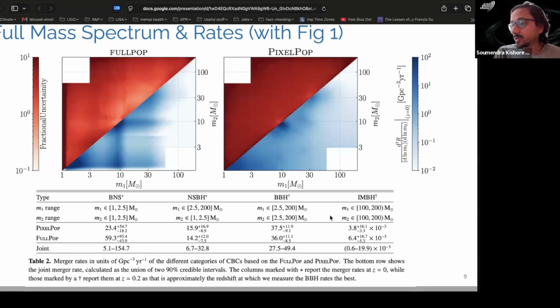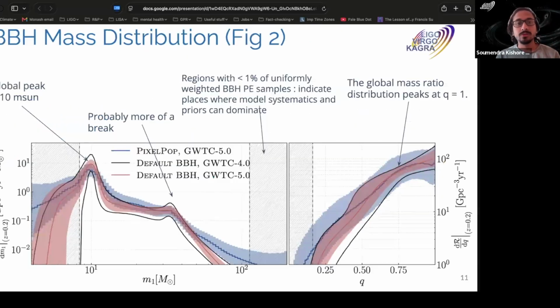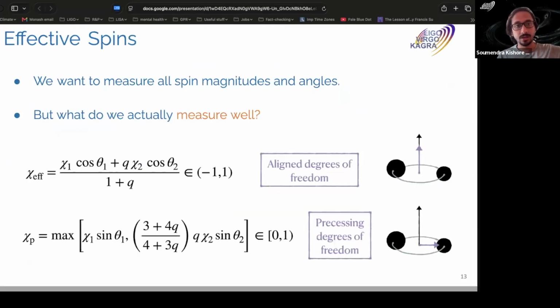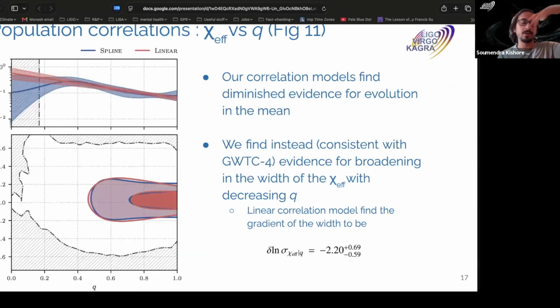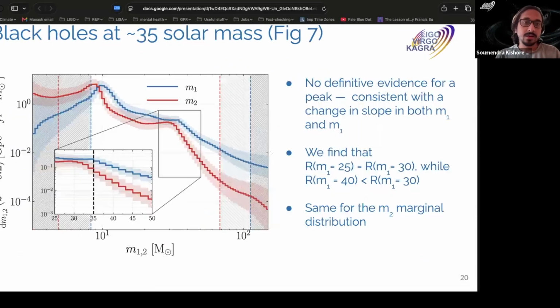Not necessarily. At 35 or near 35, between 30 to 35, we actually see a break. So that needs to have some astrophysical explanation. There is no reason that it will continue like the same distribution. So it's not a peak, definitely. We don't see that in GWTC 5, but that break needs to have some astrophysical explanation. Understand?